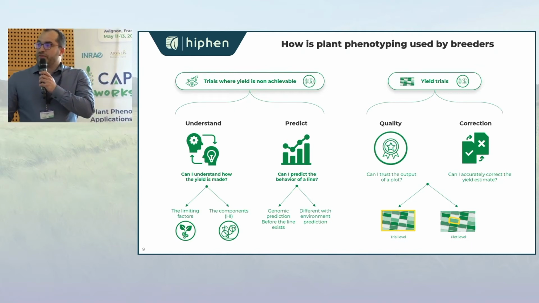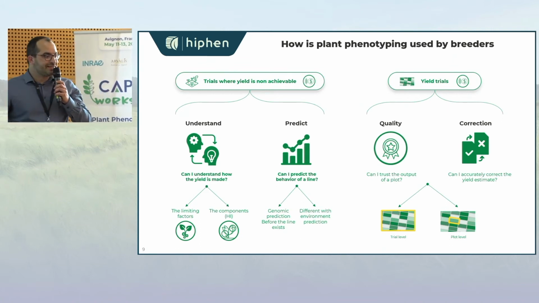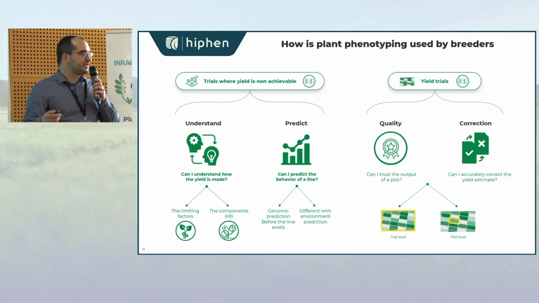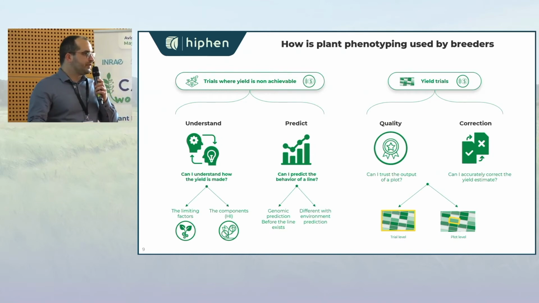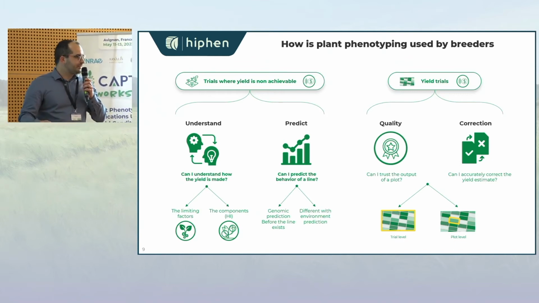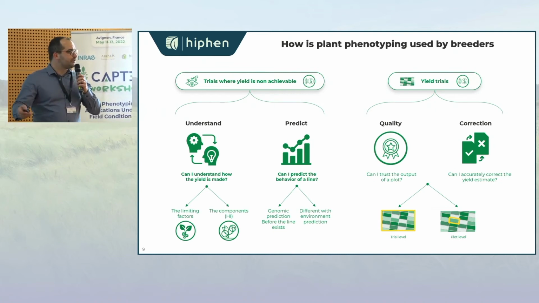So when yield is not achievable, the first thing you want to try to understand is, okay, does my cross look good or not? And can I try to be a little bit more objective than a breeder in the field that, depending on what he had last day at home, will feel more or less good mood to ditch or to save some crosses.